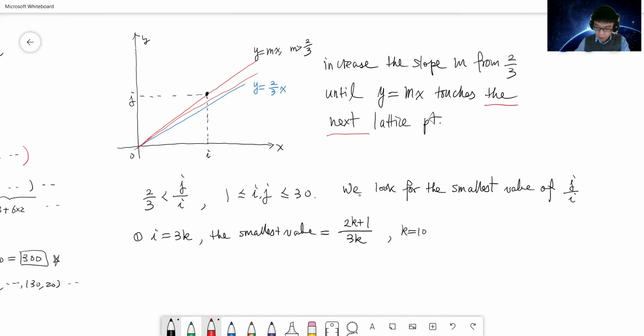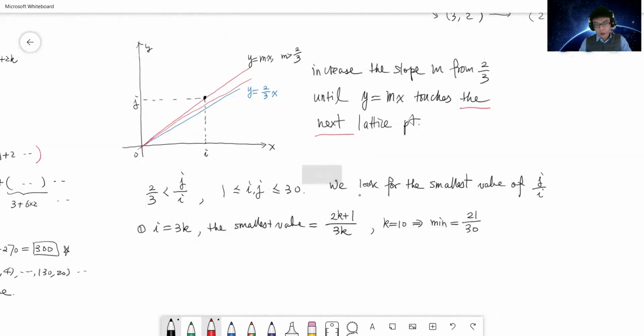K equals 10 gives the minimum value 21/30. This is the smallest case when the denominator is a multiple of 3.